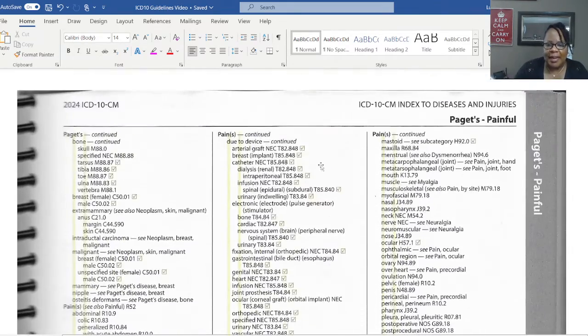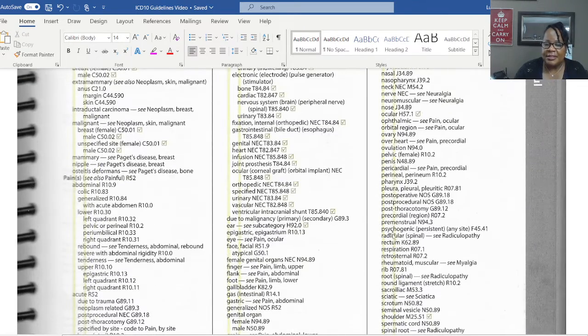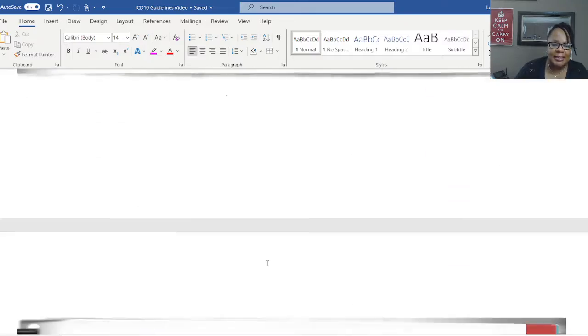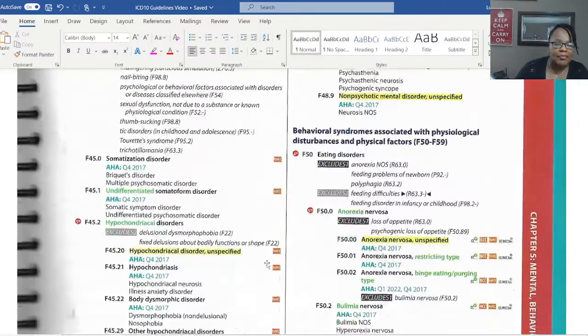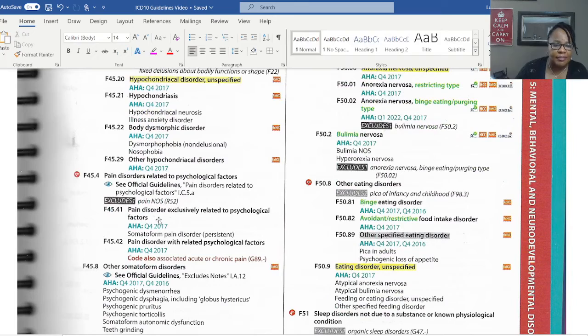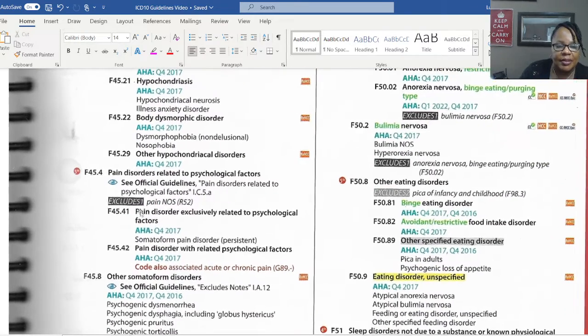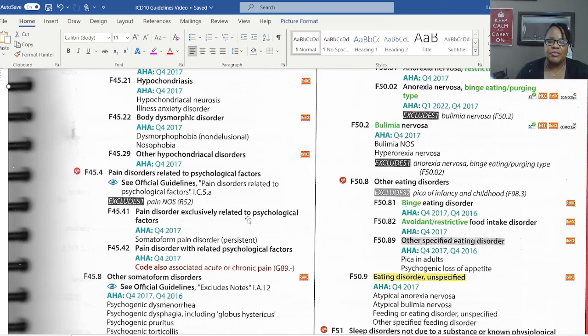When you go to pain, main term pain, and you go down here to psychogenic, it leads you to code F45.41. So if I pull out my alphabetic and my tabular and go to F45.41, it's right in this area. It does say pain disorders exclusively related to psychological factors.